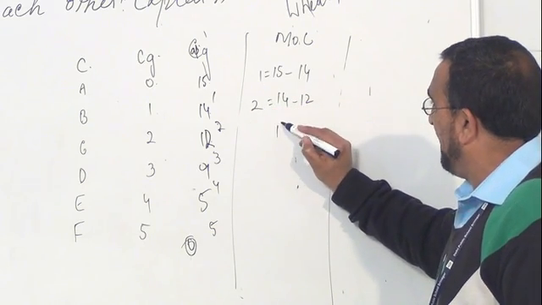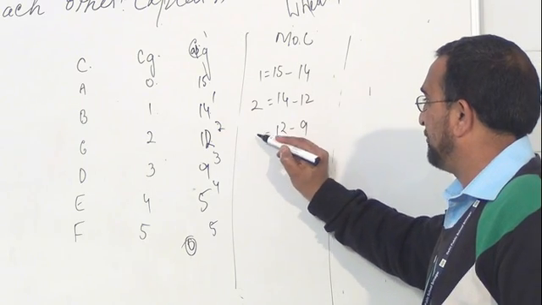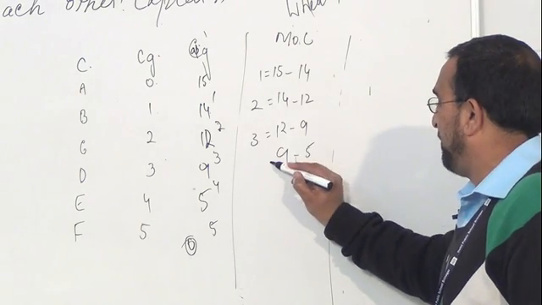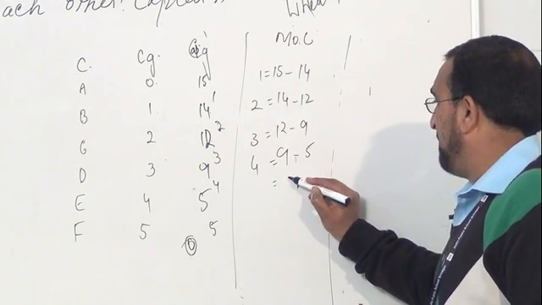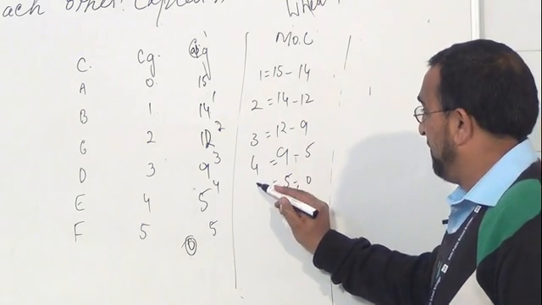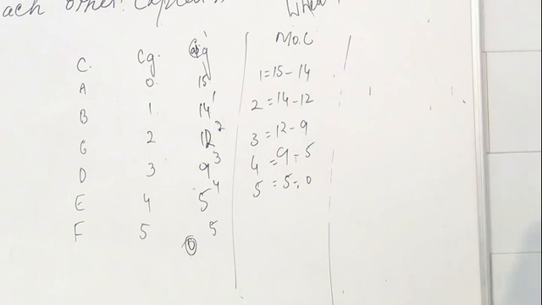Then 12 minus 9 is equal to 3. Then 9 minus 5 is equal to 4. And 5 minus 0 is equal to 5. Is it okay? This is marginal opportunity cost.